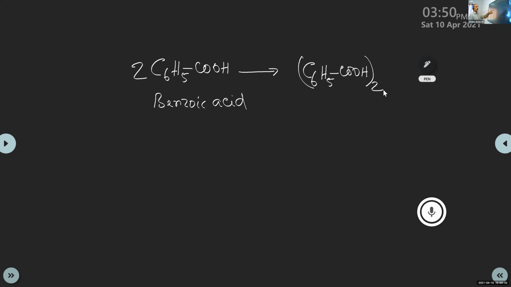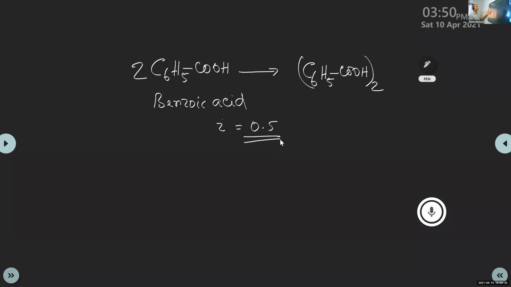So the number of particles will be just half only due to dimerization. And therefore, the Van't Hoff factor i is equal to 0.5.